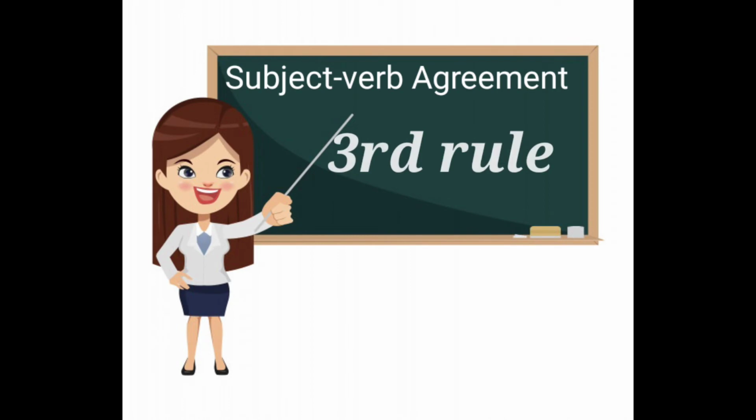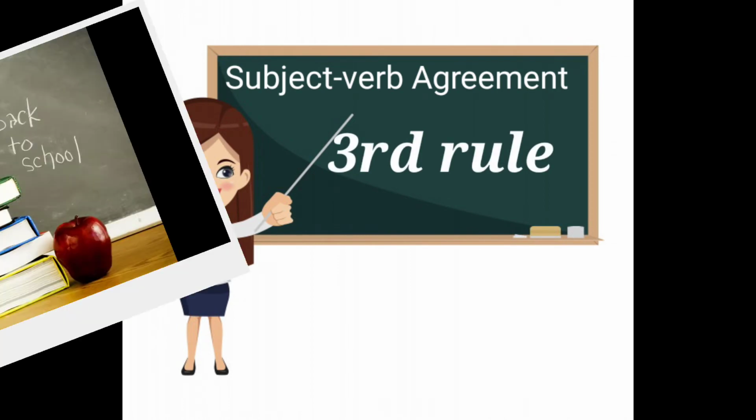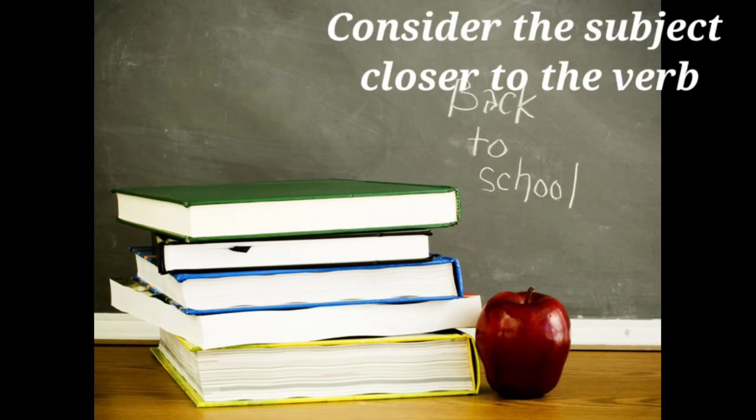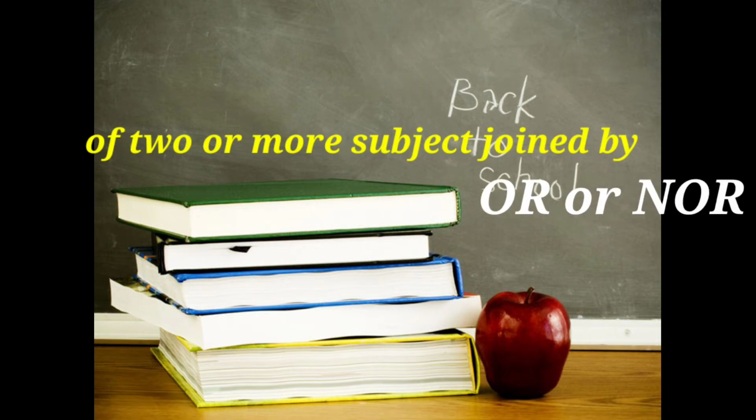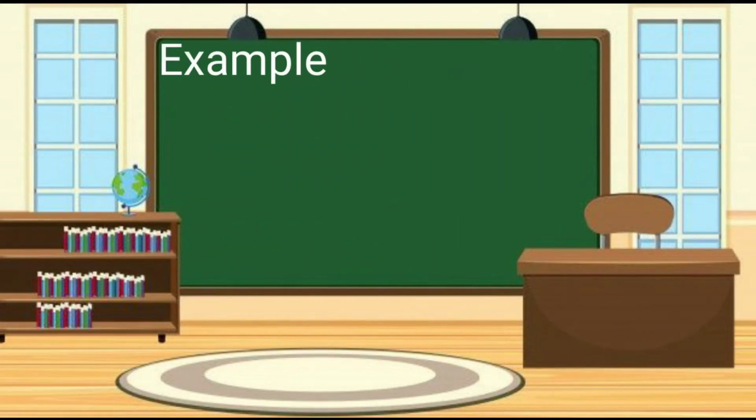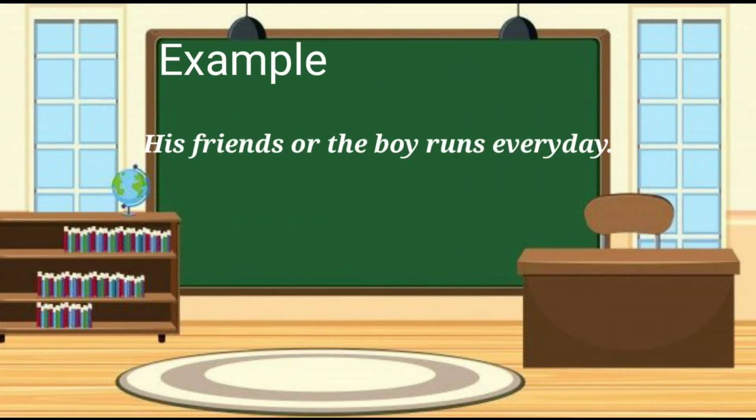Third rule. Consider the subject closer to the verb of two or more subjects joined by or, nor. Example, his friend or the boy runs every day. The boy is the subject and runs is the verb.